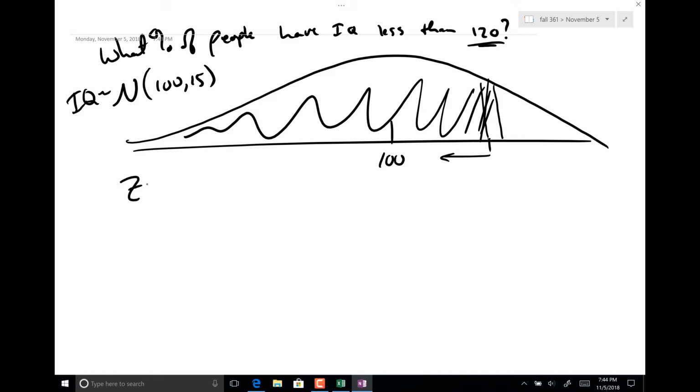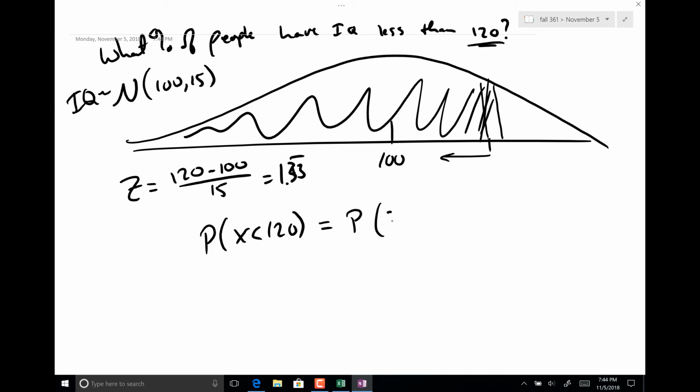Our z-score is going to be equal to 120 minus 100, over 15. Clearly that's more than one standard deviation. It comes out to be about 1.33333. The question is asking what percent of the population is less than 120, which is equivalent to saying z is less than 1.33.